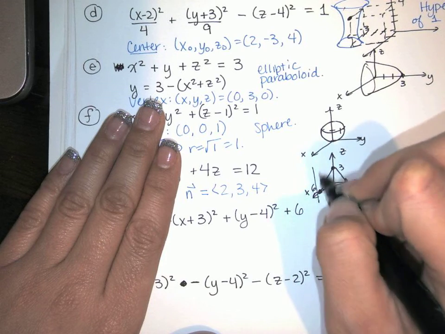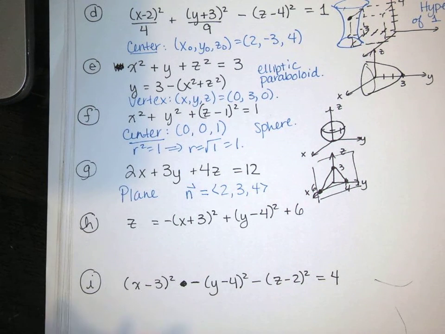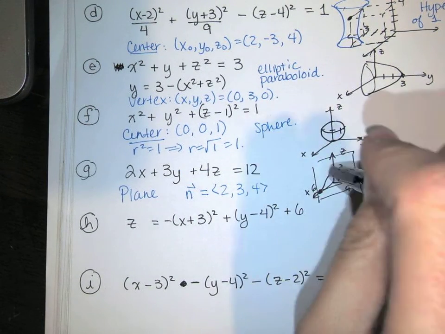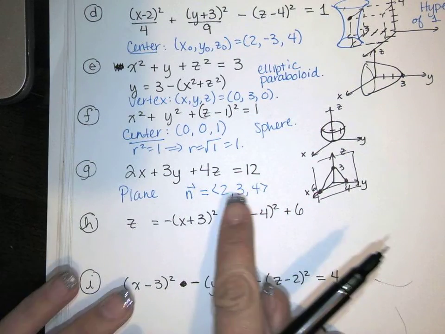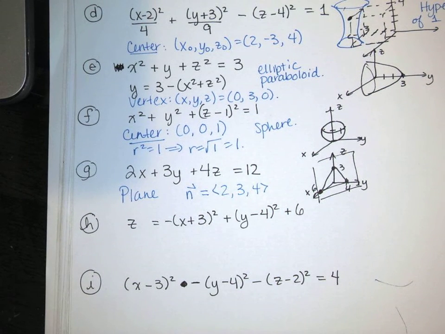So that's our plane. That's the part that we see in the first octant. And the normal vector, which would be pointing out at us, has these components. We go 2 units in the x direction, 3 in the y, and 4 units in the z direction.